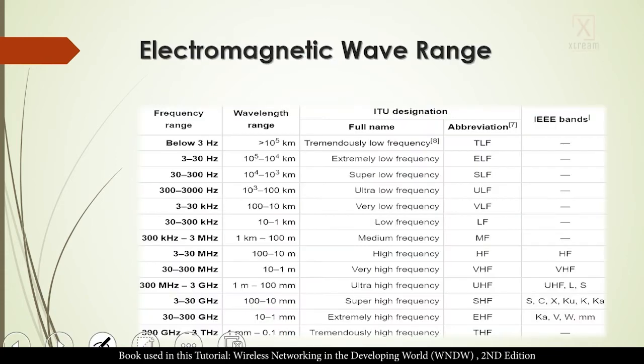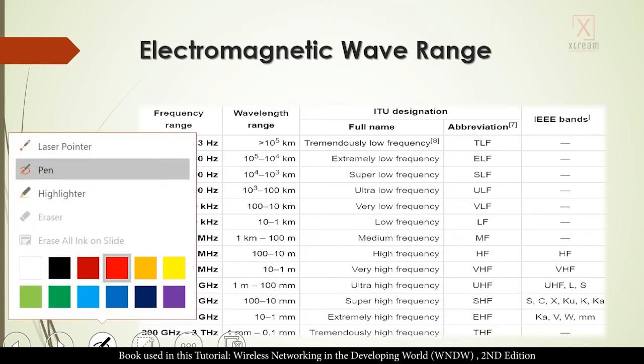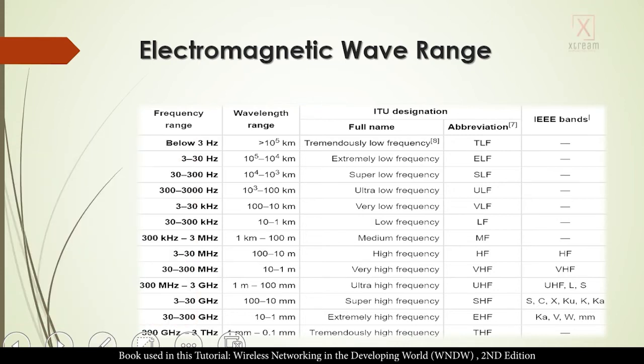materials. Here you can see that we have different ranges of the electromagnetic spectrum. So we use these, from 3 kilohertz to 30 kilohertz, and this is 30 megahertz.